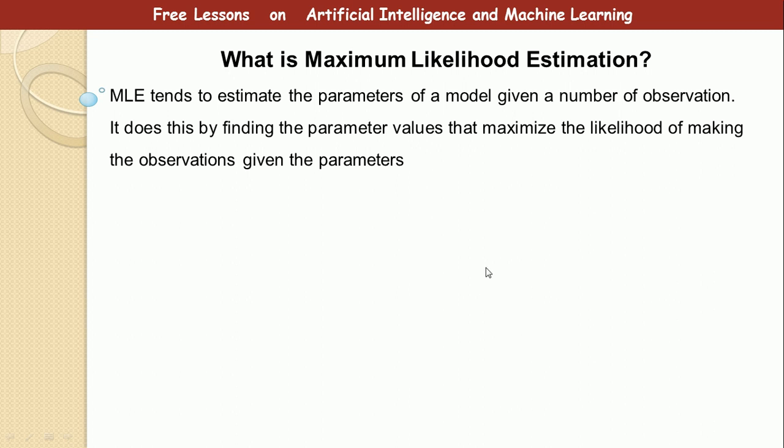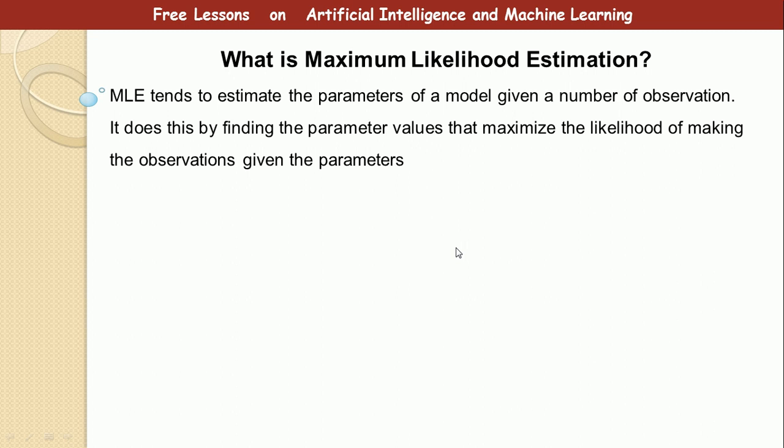So let's explain a little more. Maximum likelihood estimation estimates the parameter of a model given the observations, and then it tries to find the parameter value that maximizes the likelihood of making the observation given the parameter. So it's like a two-way analysis.